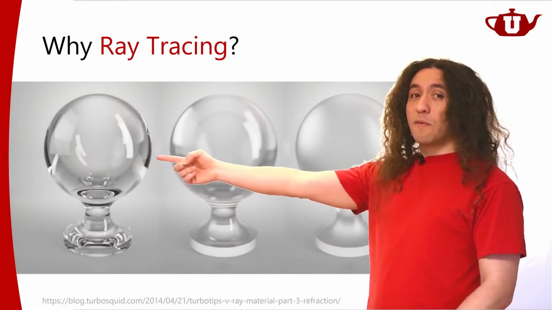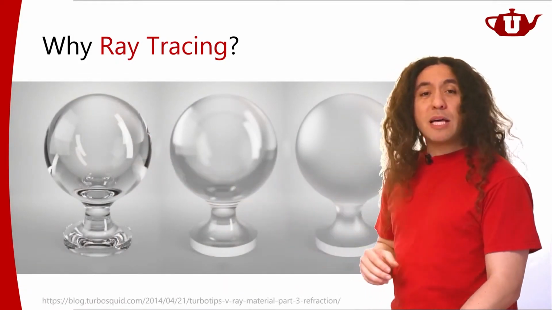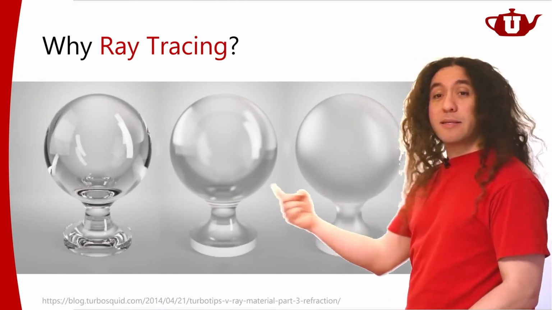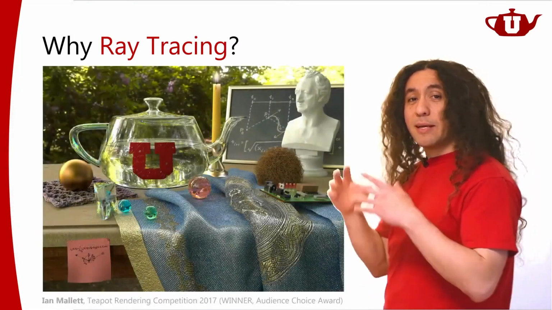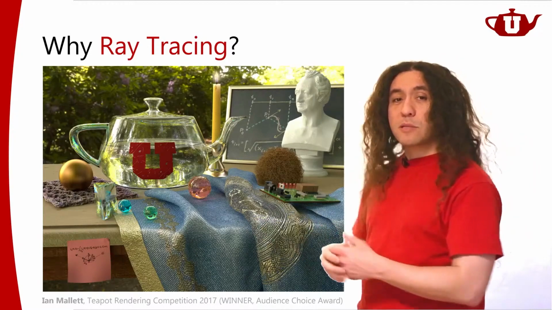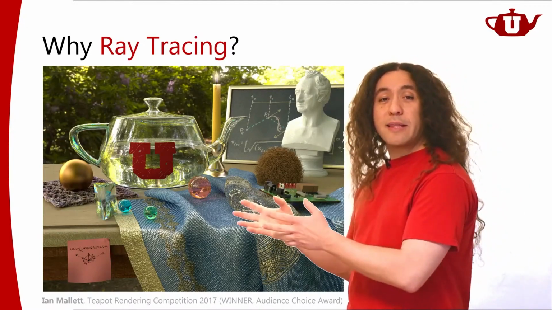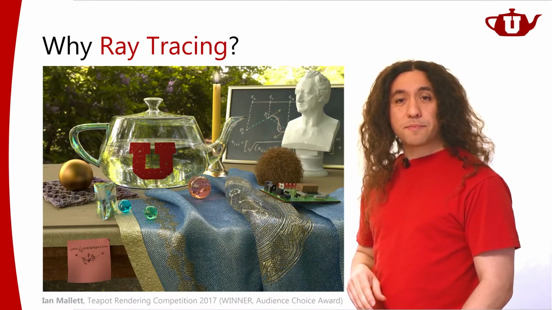With smooth surfaces, maybe we could handle them with some image space refraction techniques, but materials like this are a lot harder to handle. So in a scene with all sorts of complex materials, you really need to use ray tracing to get the image quality that you want, right?